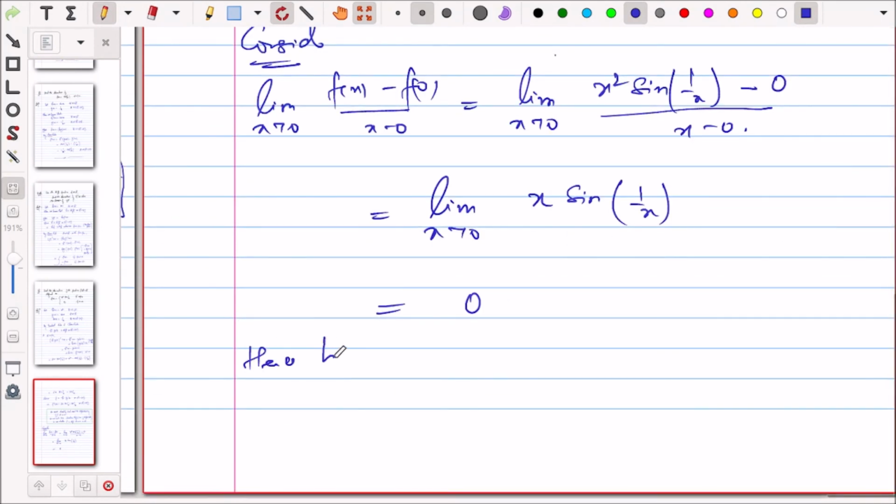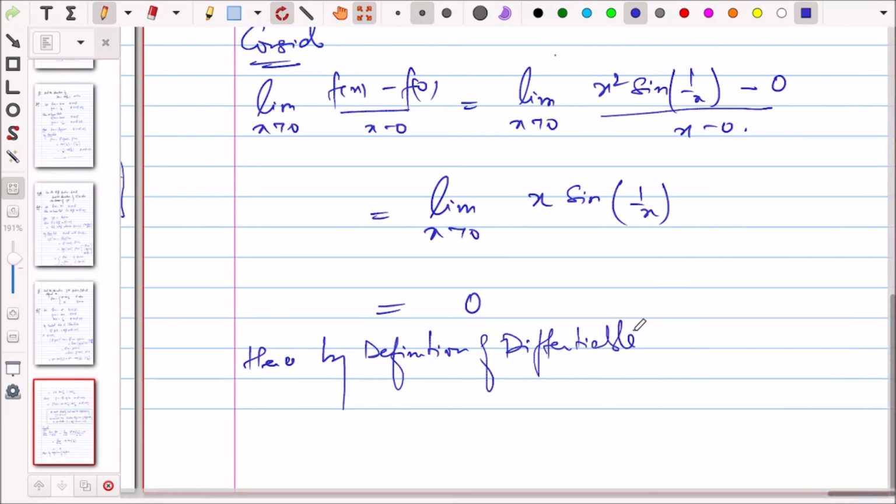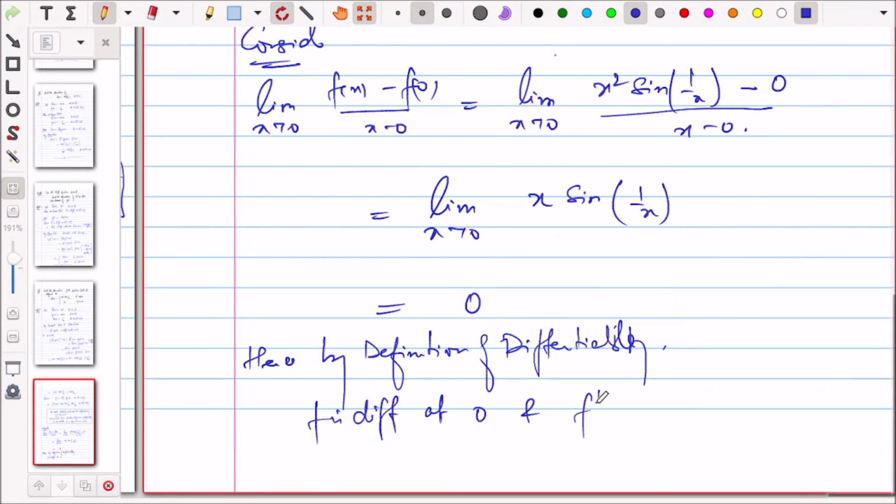Hence by definition of differentiability, f is differentiable at 0 and f'(0) is equal to 0.